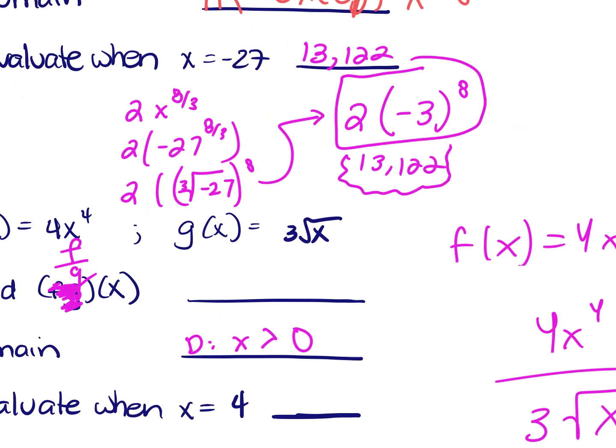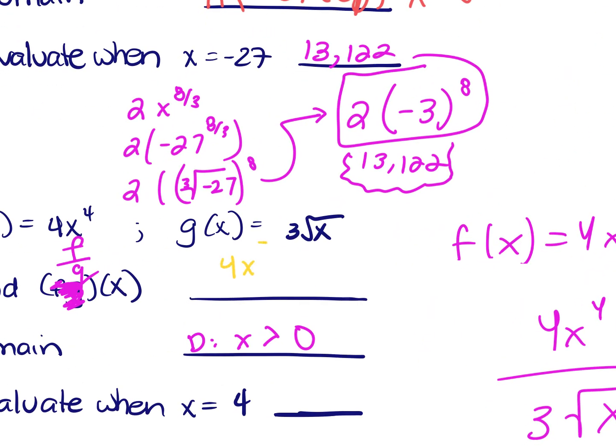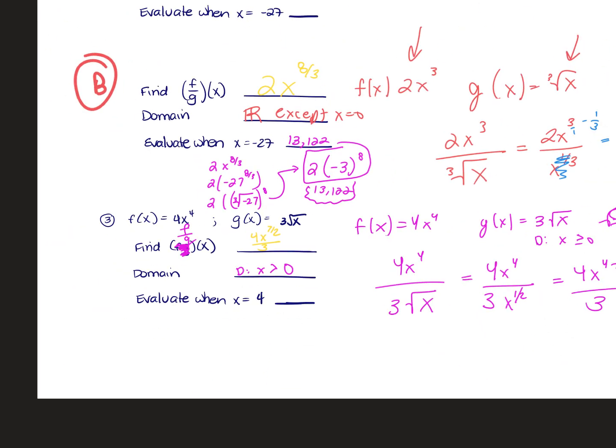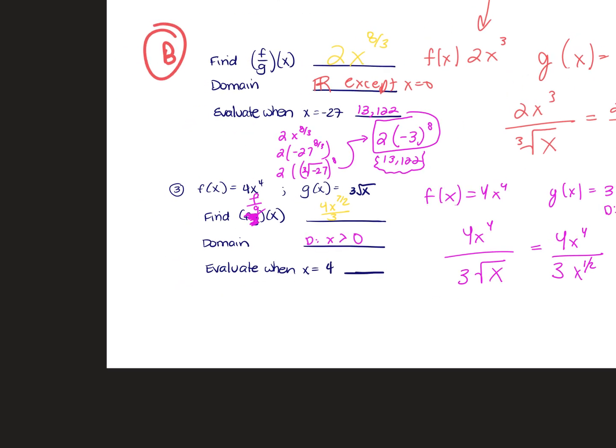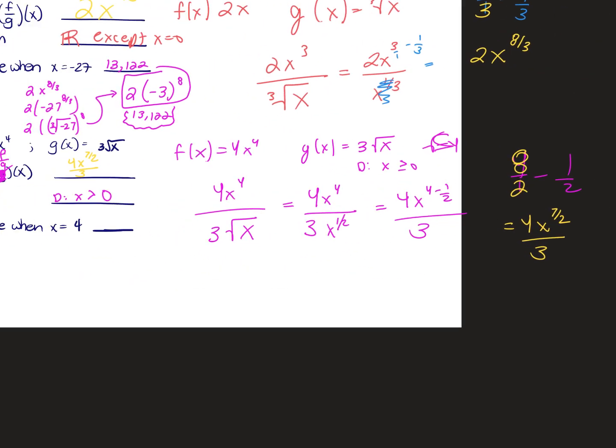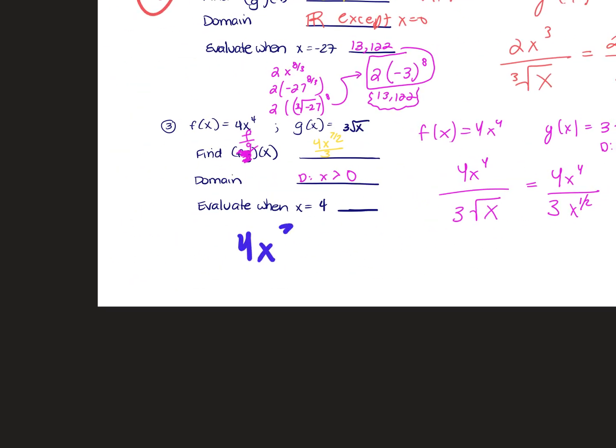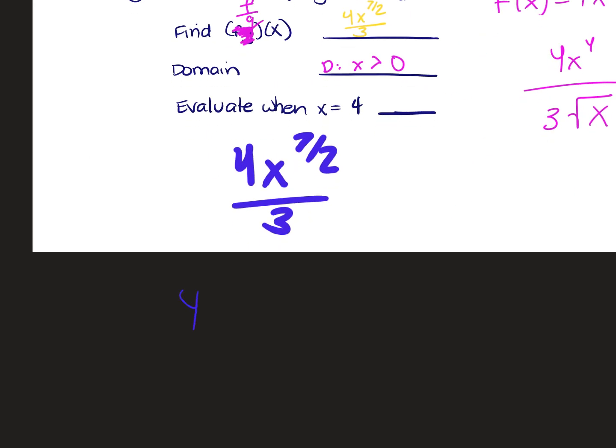You have 4x to the 7/2 over 3. And now you're going to evaluate using what number? We're going to plug in 4. So I have 4 times 4 to the 7/2 over 3.